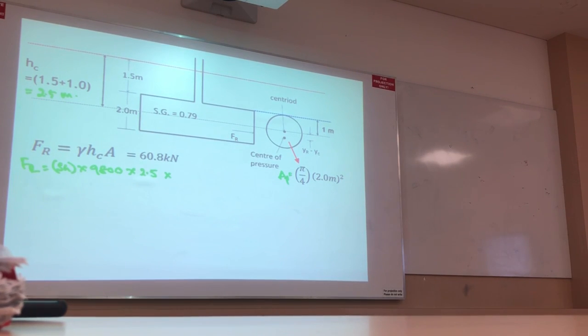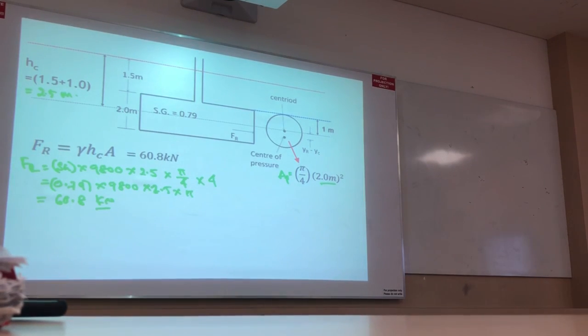Area is pi by 4 times 4. Then specific gravity here is 0.79, right? Times 9800 times 2.5 times 5. Then I get here 60.8 kilonewton. This unit here is Newton.